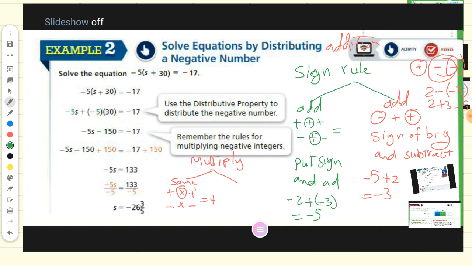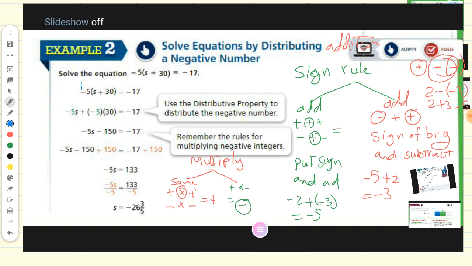On the other side, if I have different signs, positive multiply negative or negative multiply positive will always give negative. Different sign, negative; same sign, positive, okay? We mentioned the sign rule many times, but most of you still do it the wrong way. So please take care about it, okay?